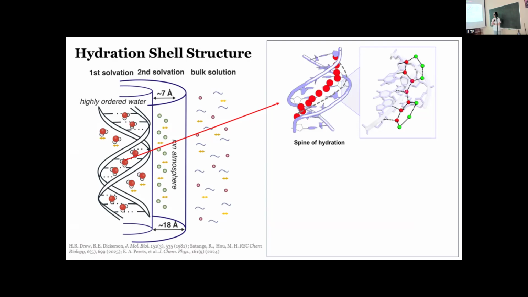And actually, for a very long time, it was believed that these structured forms of water are mainly limited by the narrow minor groove.